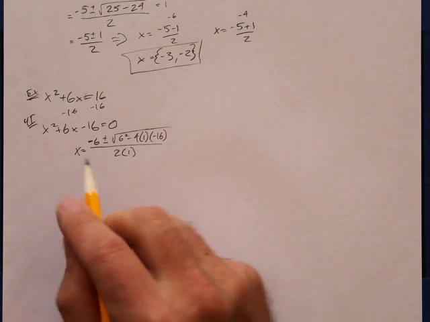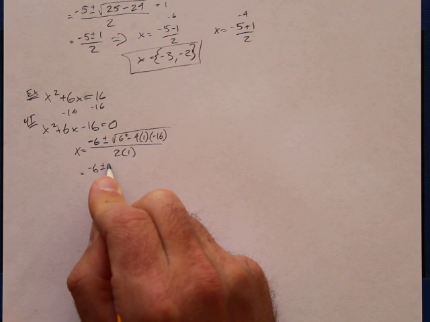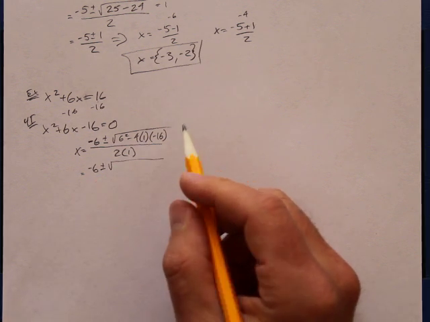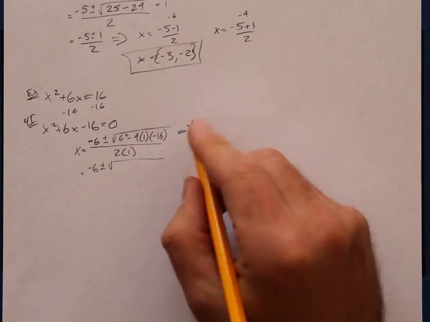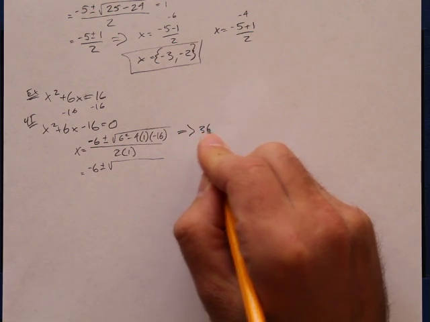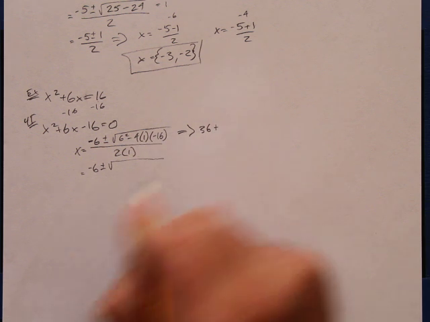All right, now let's start simplifying here. Negative 6 plus or minus the square root of, I'm just going to do all of this work inside here. So that's 36. Negative and negative, I'm going to end up with a positive.